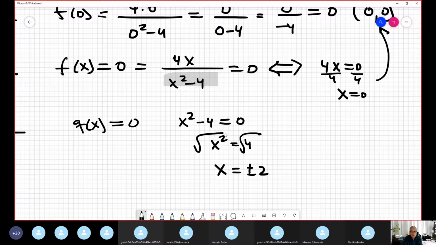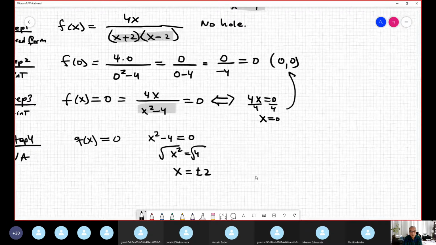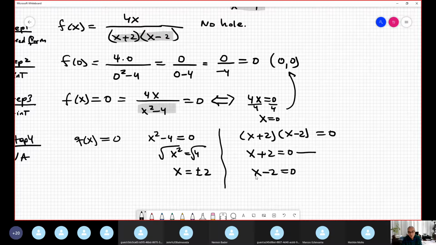Another student can prefer doing it by factoring, and you get the same answer. Suppose another student says, no, I don't like this way, professor, I am doing it that way. Separate: x plus 2 equals 0, x minus 2 equals 0. That means x equals minus 2 and x equals plus 2.